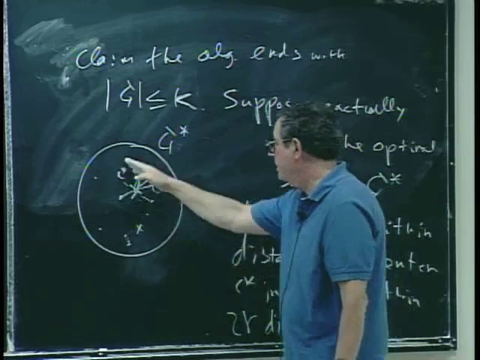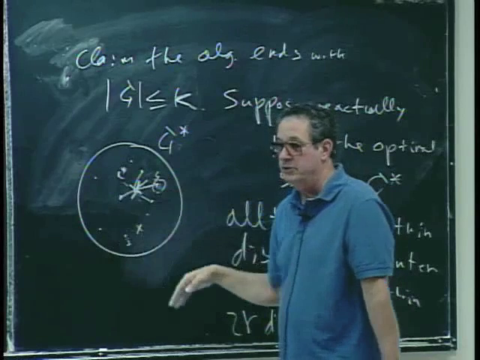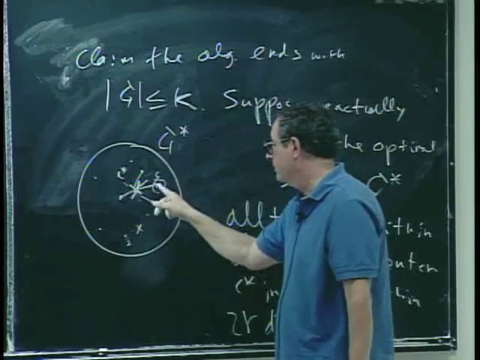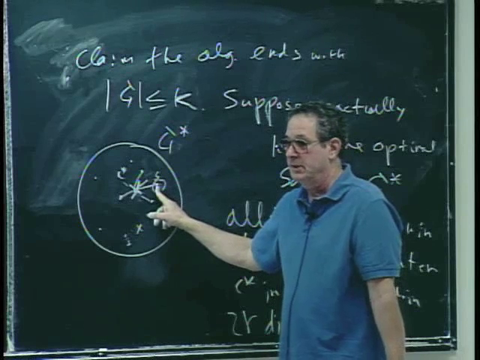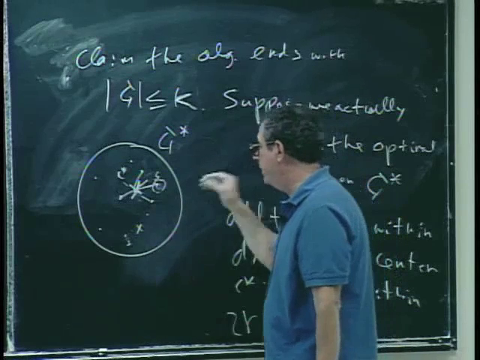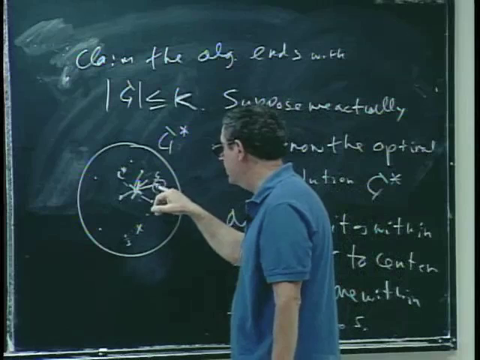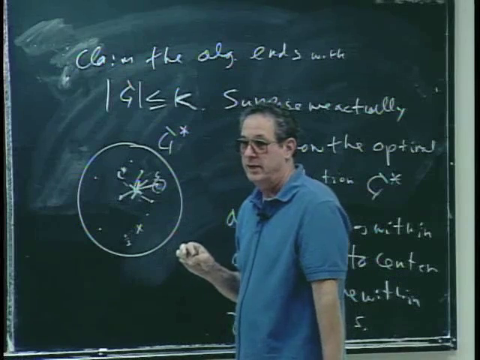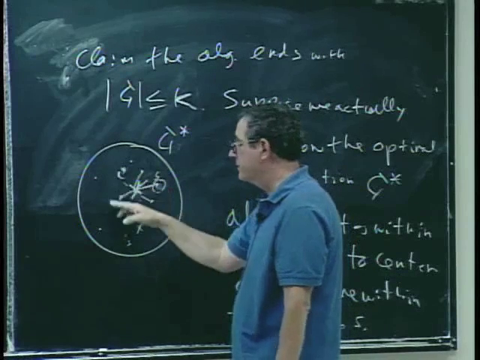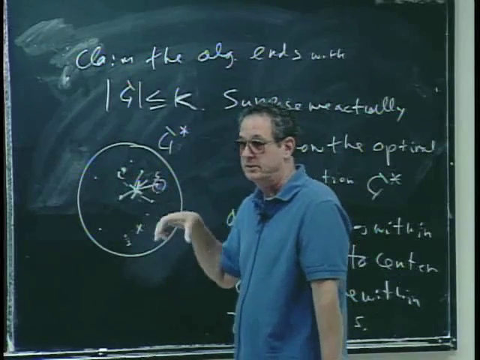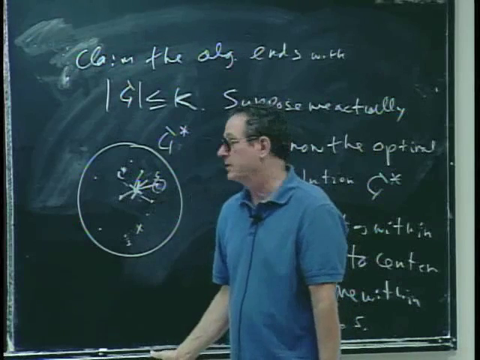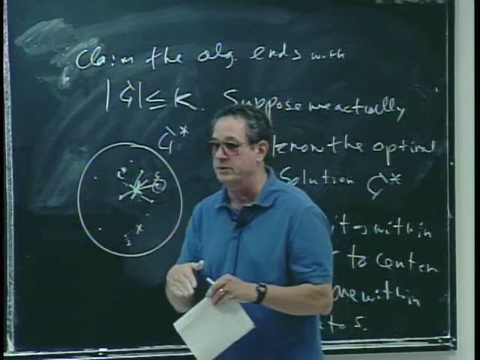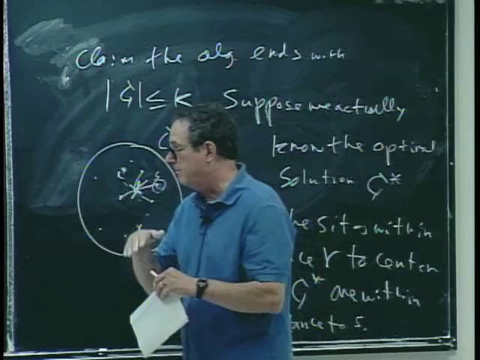And all the sites are within 2r of one of the centers selected by the algorithm. We already argued that. So this algorithm picks at most K centers, and it has the property that every other site is within distance at most 2r from one of the centers that's picked. So we've achieved what we wanted, which was a polynomial time algorithm.